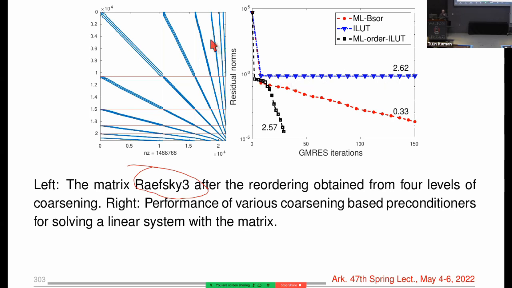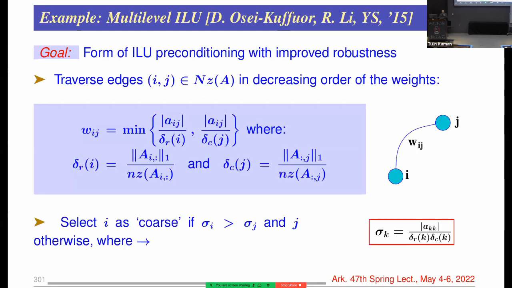And how do you come up with this? Details are here. It's a little bit complicated, but you have to define a way of traversing a graph for coarsening. A lot of the methods that are based on coarsening rely on an order in which you traverse the graph, in fact in which you traverse the edges specifically.